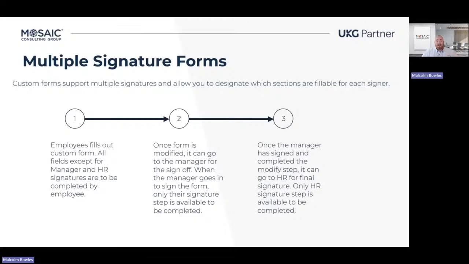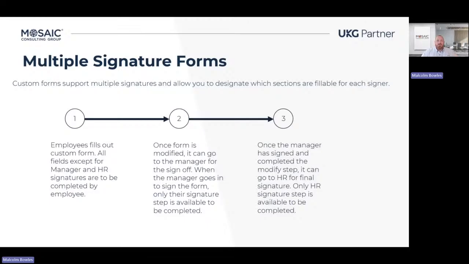Once they submit that form, you can have a workflow that pushes it over to the manager or IT, HR, whoever it is that you need it to go to. And you can have a modification step built into that workflow that says, hey, let this person that receives this action go in and modify that custom form.